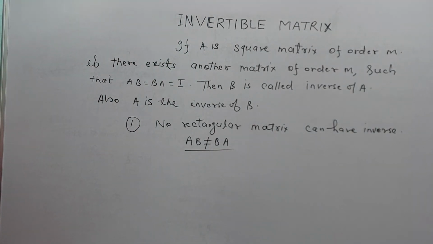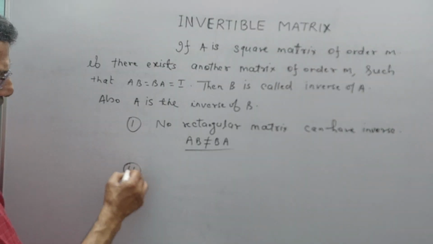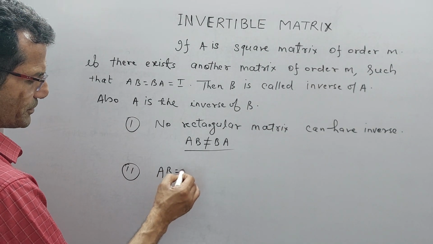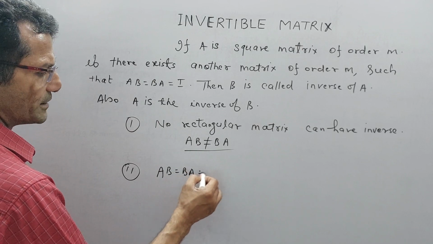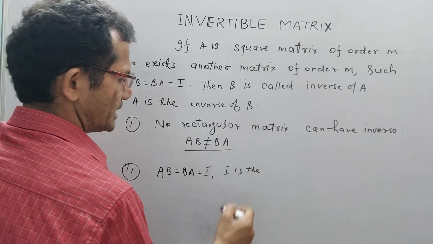And second point about the invertible matrix is that we can write AB is equal to BA is equal to I, the identity matrix.